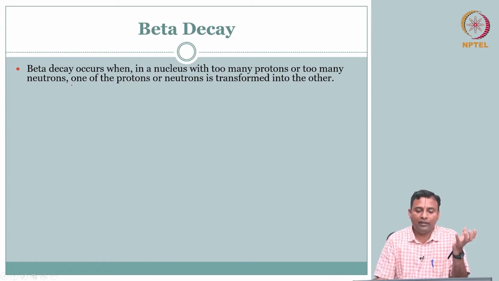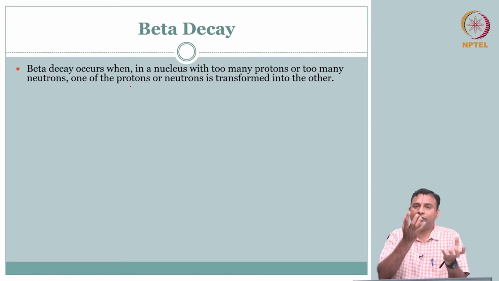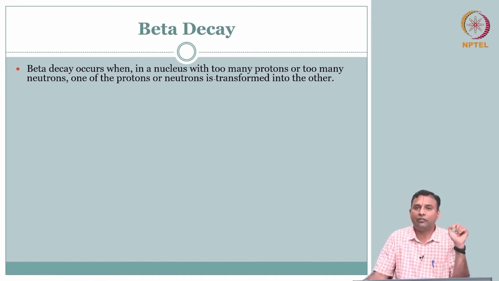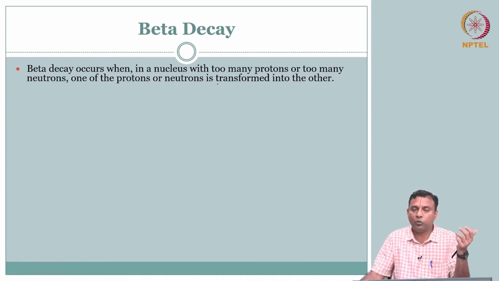It can have this imbalance in either direction. So, one of the protons or neutrons is transformed to the other, so that the ratio is brought down to your line of stability, so that it becomes more stable.